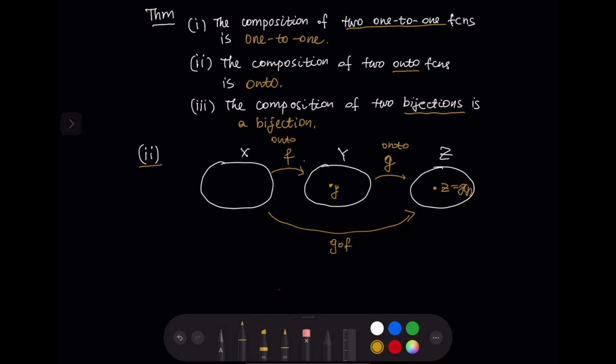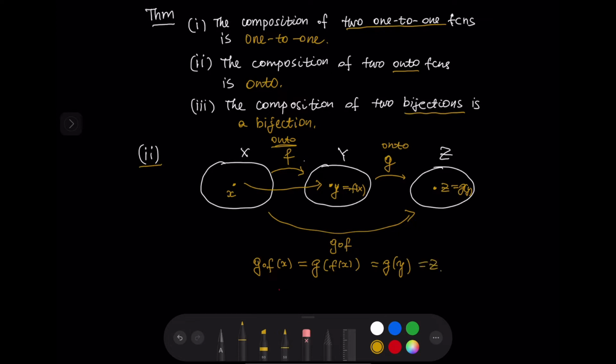So now let us look at the point y in the set capital Y. Because the function f is onto, there exists a point x in the set capital X such that y is equal to f of x. So now let us see what is g composed with f at the point x. This is going to be g of f of x, but f of x is equal to y, so this is going to be g of y, and g of y is equal to z.